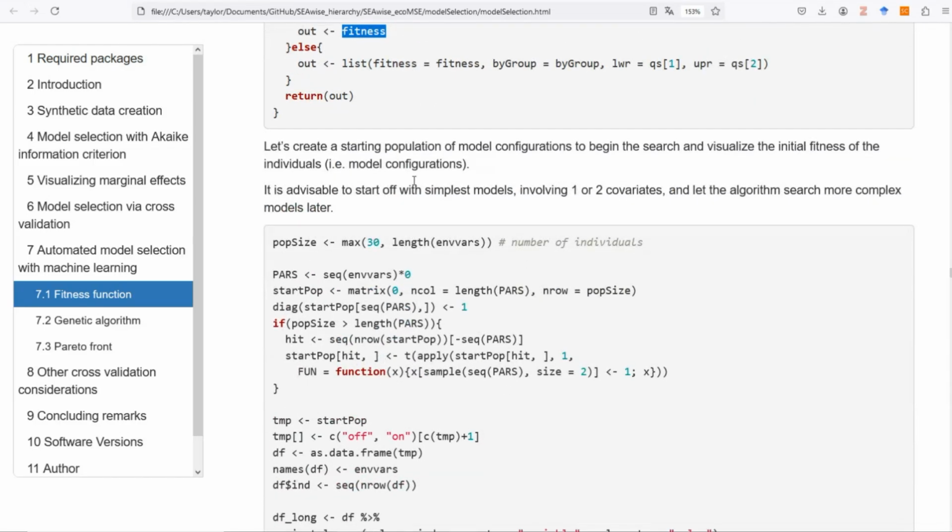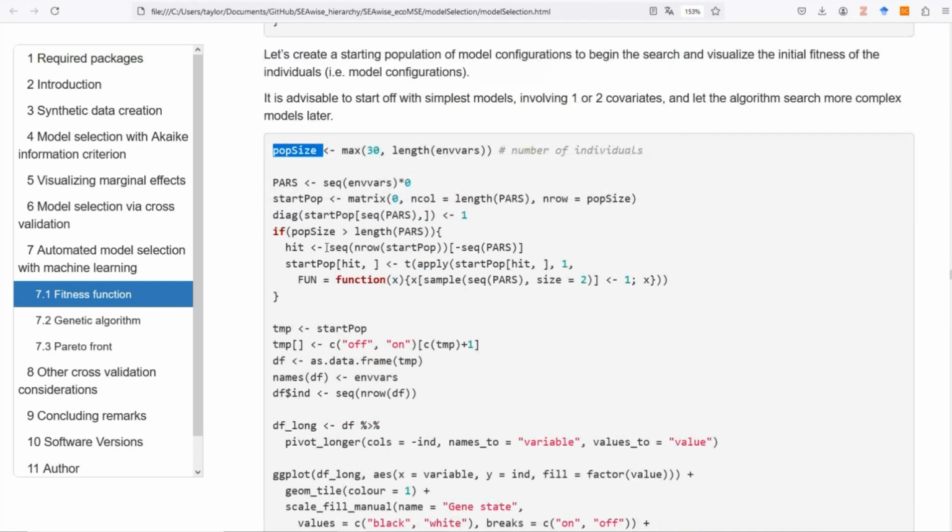I'm going to start off by giving it a bunch of simple models as starting configurations. So I have 30 individuals, so 30 possible configurations for the model to begin with. I'm going to start off by including all of the single term models, so just X1 or just X2 and so on.